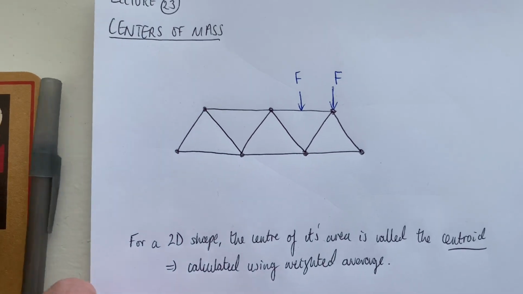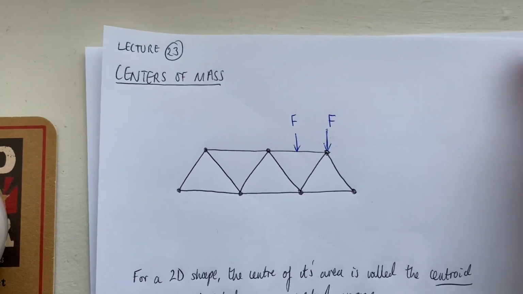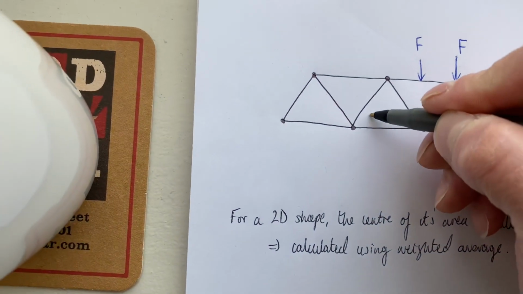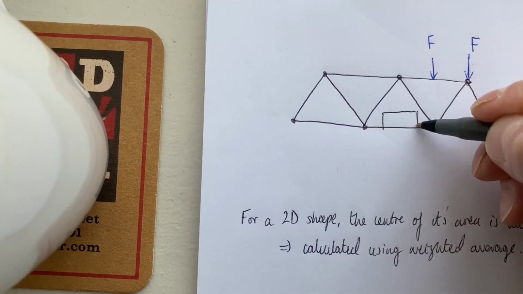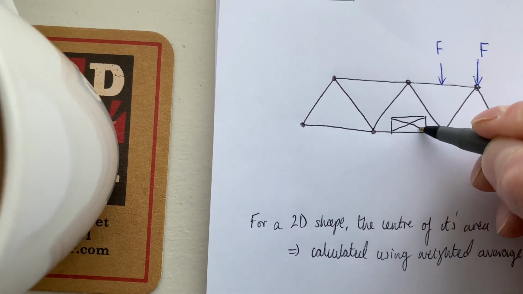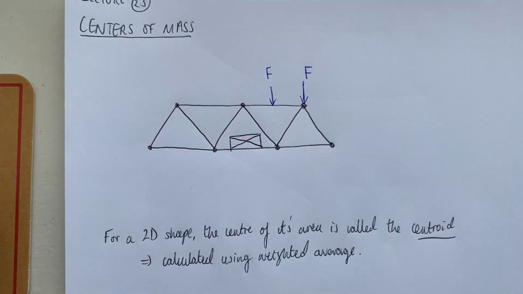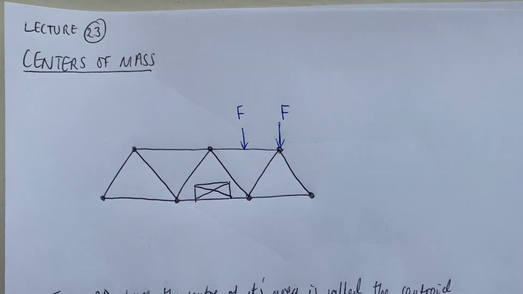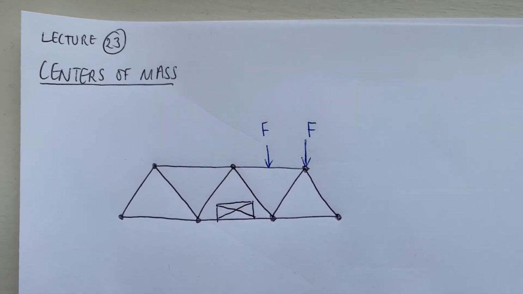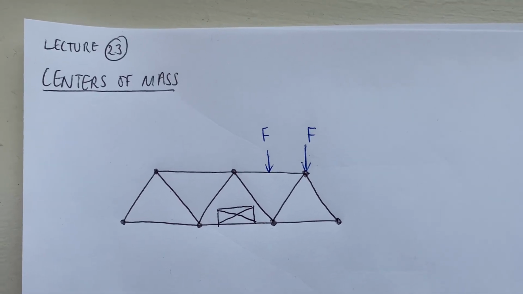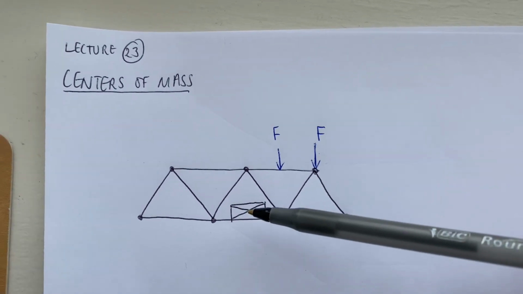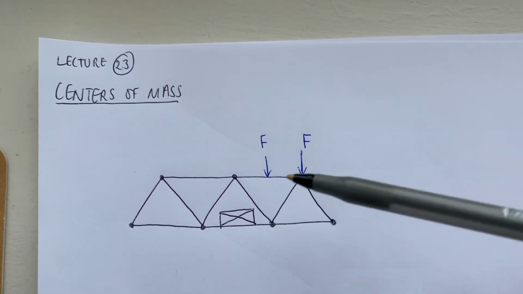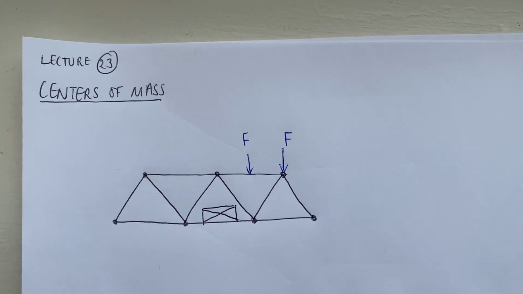But what if we want to consider something actually on the bridge itself? So let's say, for example, we have a lorry or a truck on the bridge. In order to work out where the force is applied, we need to work out where the center of mass of the truck is, and then consider that as a point force acting at some point on the bridge.